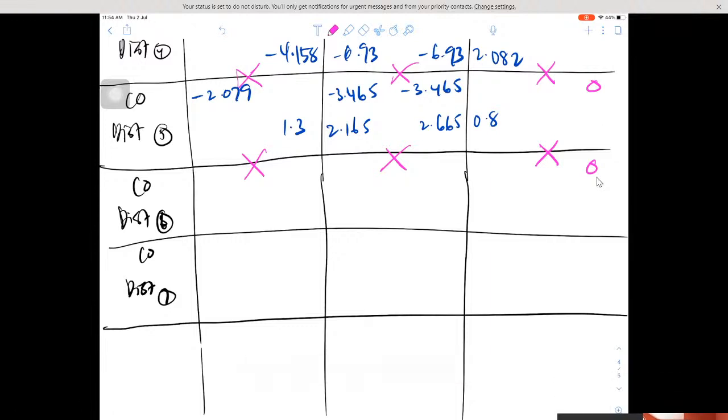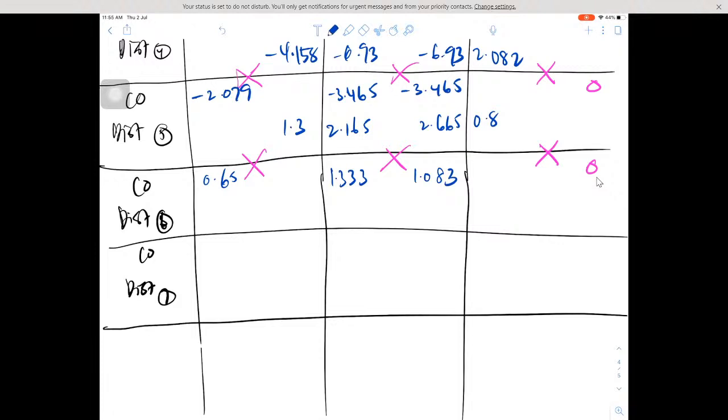Carry over first: 2.165 divided by 2 is 1.083, and 2.665 divided by 2 is 1.333, and then 0.